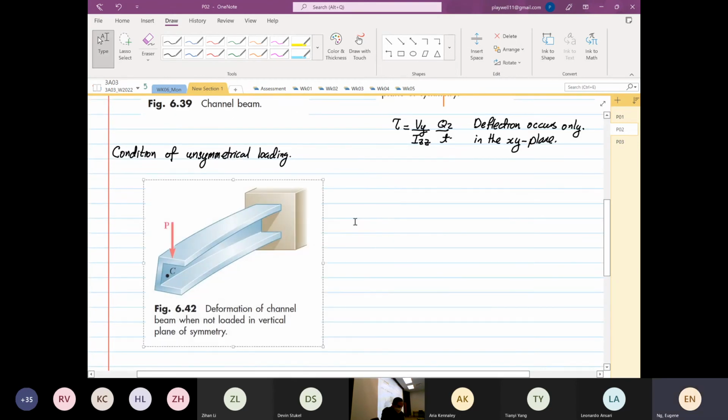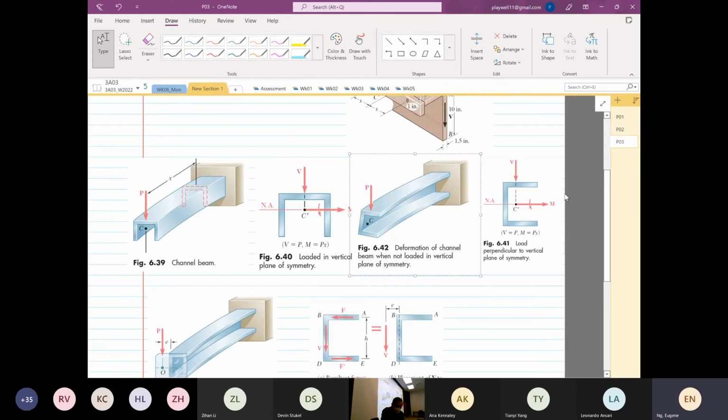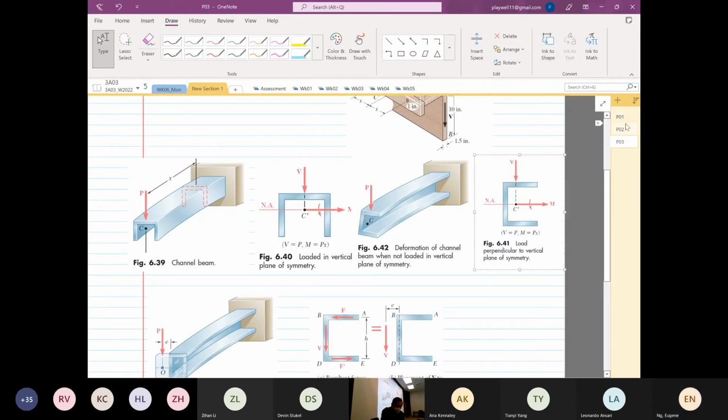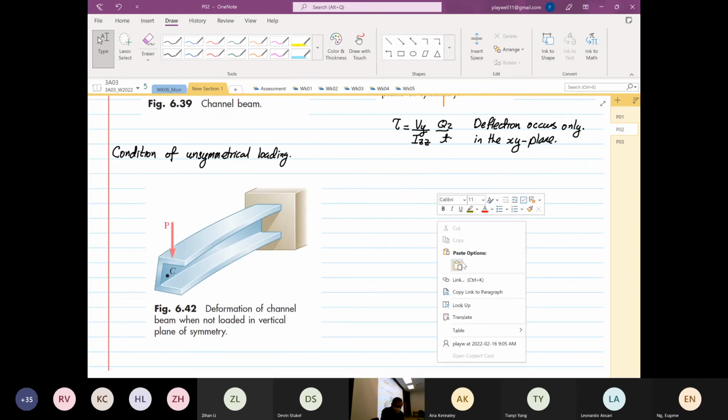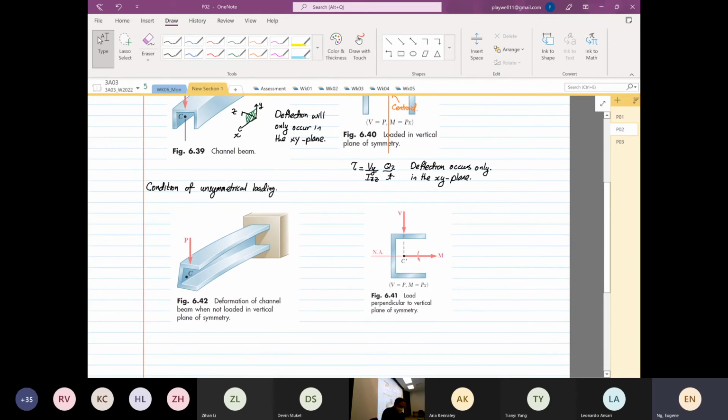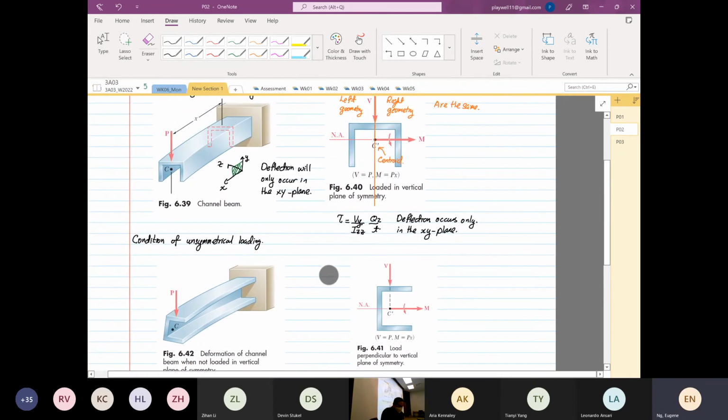So what you see over here is the condition of unsymmetrical loading. So if I zoom out, can you see the difference? Yes or no? Can you see the difference? What is the difference? Anyone?